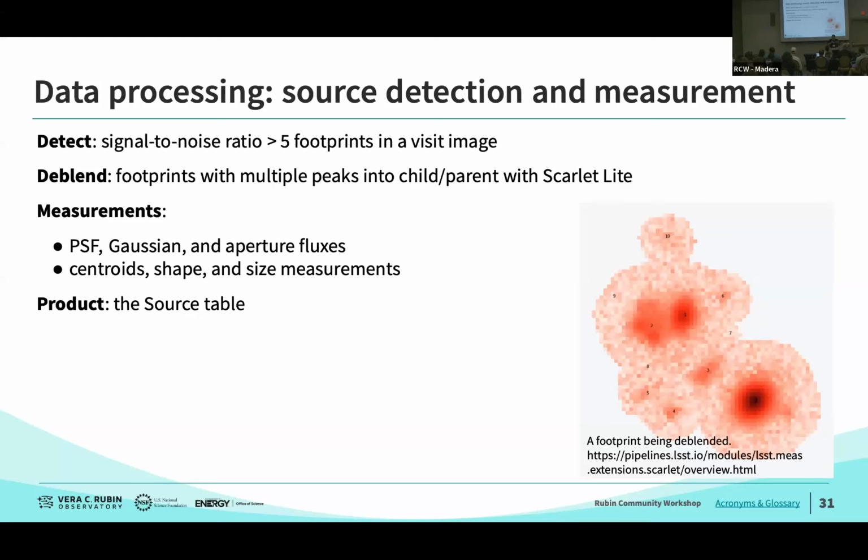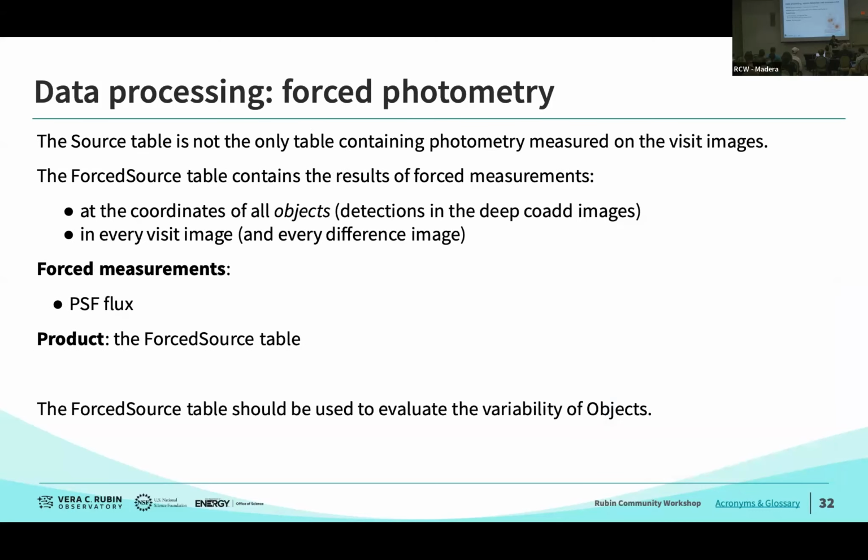And this image just shows some examples of different sources with different blendings. Some of the measurements that we get from this process are PSF, Gaussian, and aperture fluxes, also shapes and sizes, and all of this information is found in the source table.